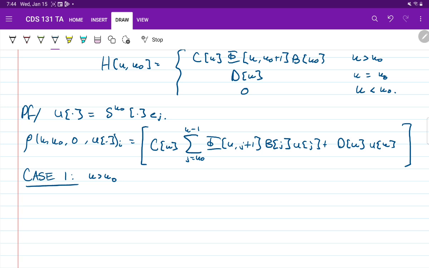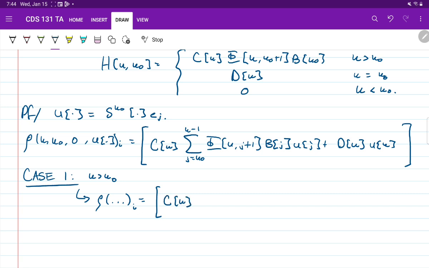Well, in this case, what are we going to have? If k is greater than k naught, then u at time k will be equal to 0, because this impulse is only equal to 1 at time k naught. So rho, these arguments, coordinate i of that, is equal to C at time k.